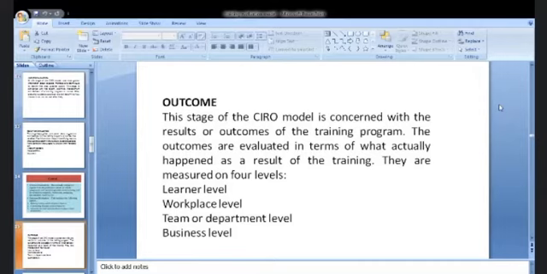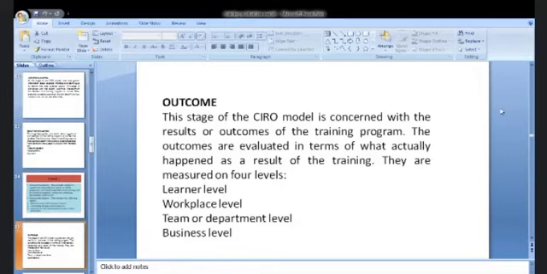The outcomes are evaluated in terms of what actually happened as a result of the training, and they are measured at four levels: the impact of the training program on the learner or participants, on the workplace, on the department or team, and ultimately on the business.